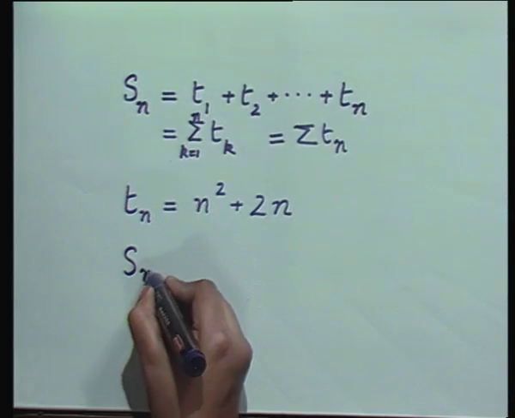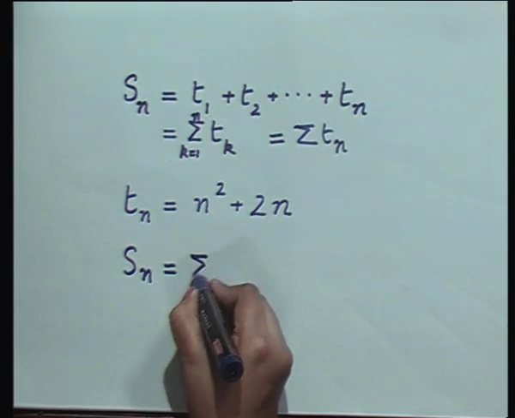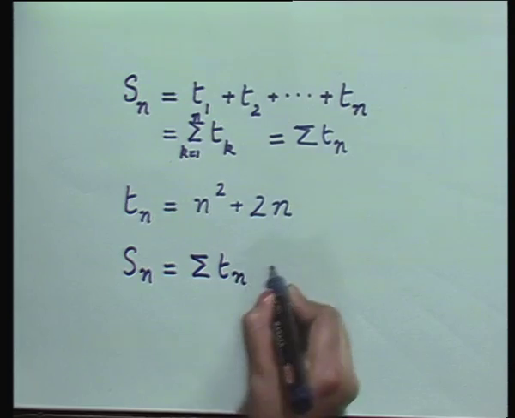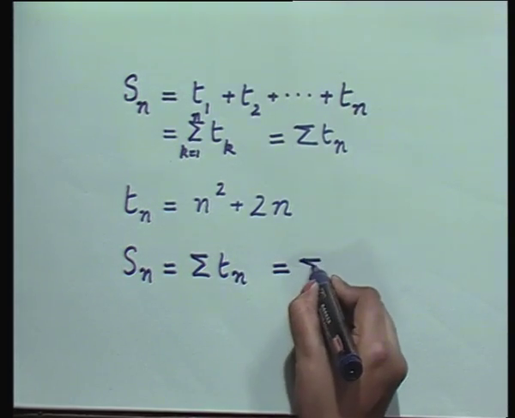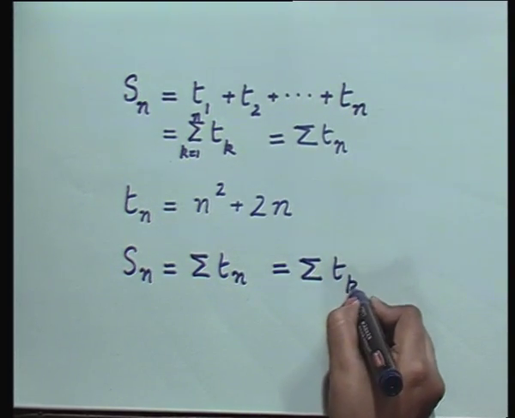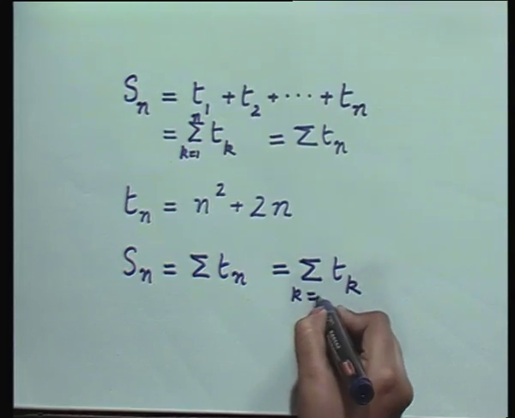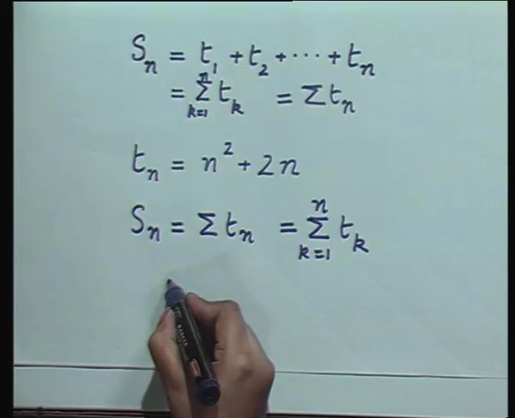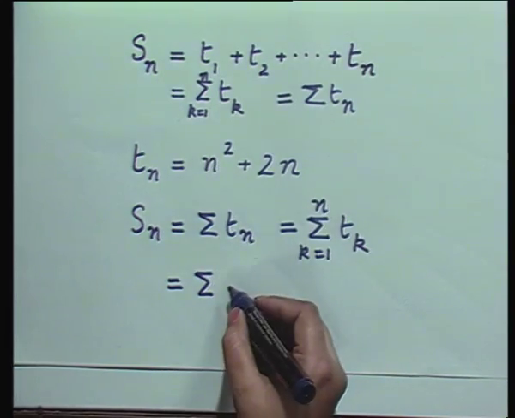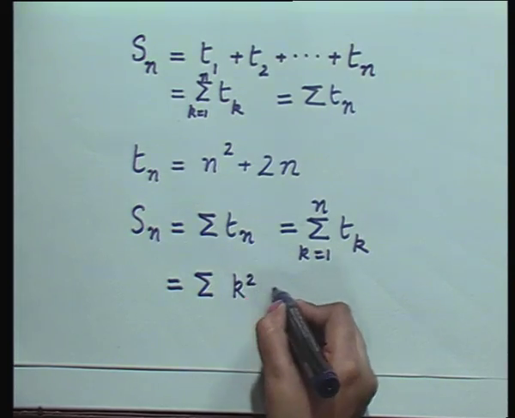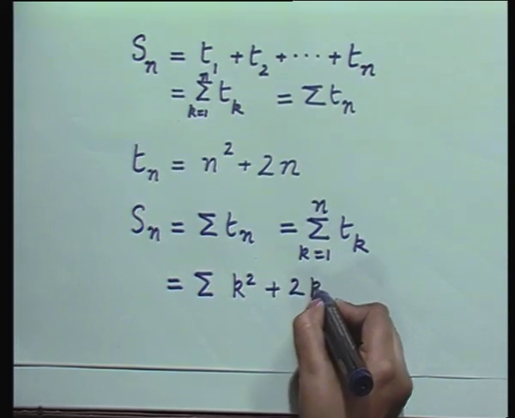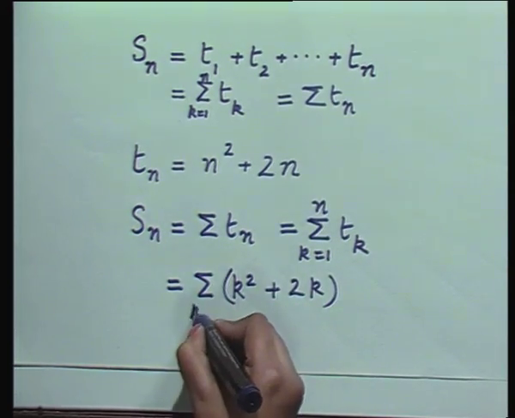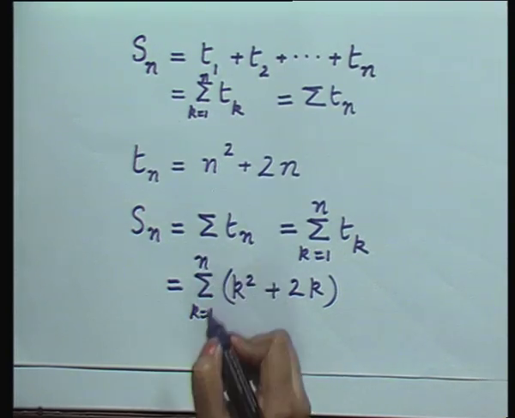Let us try. Sn, as I just said, is sigma Tn, or since it is our first question, let me write it as sigma Tk, where k varies from 1 to n. That will be the same as writing sigma of k square plus 2k, where k varies from 1 to n.